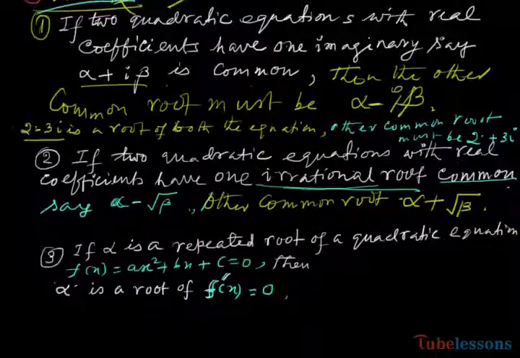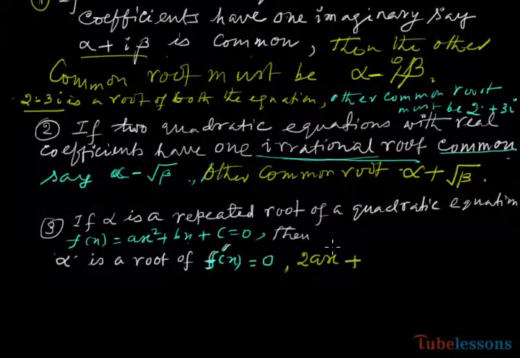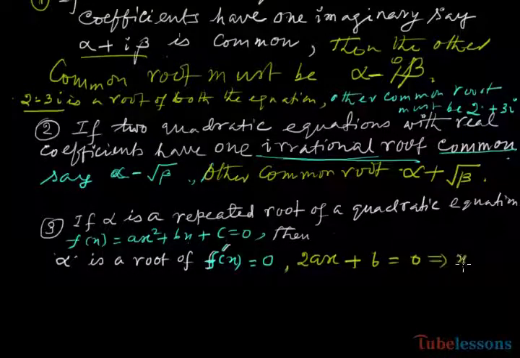Third one: if alpha is a repeated root of a quadratic equation f(x) equals ax square plus bx plus c equals 0, then alpha is a root of f dash x, that is its derivative, equal to 0. Here the derivative of ax square plus bx plus c is 2ax plus b equals 0. So this gives x equals minus b by 2a.